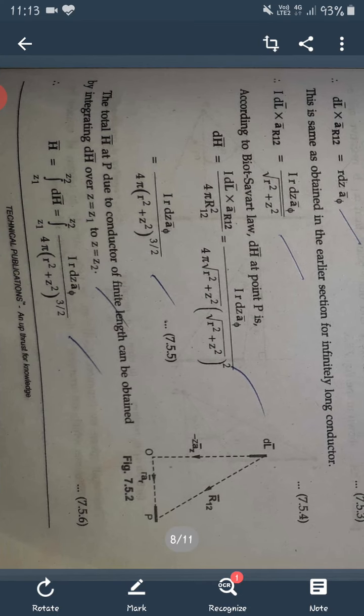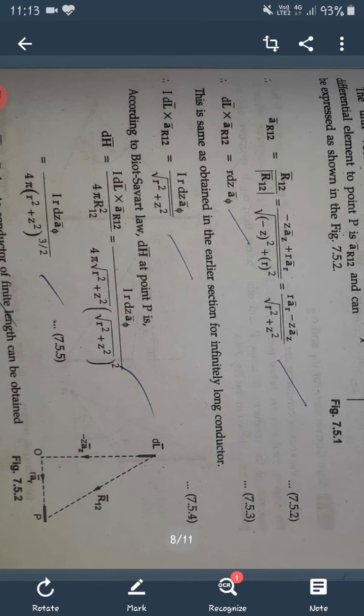The total H at P due to a conductor of finite length can be obtained by integrating dH over z equal to z1 to z2, because the conductor is placed from z1 to z2. Therefore H equals the integral from z1 to z2 of I r dz a phi by 4 pi into r square plus z square to the power 3 by 2.